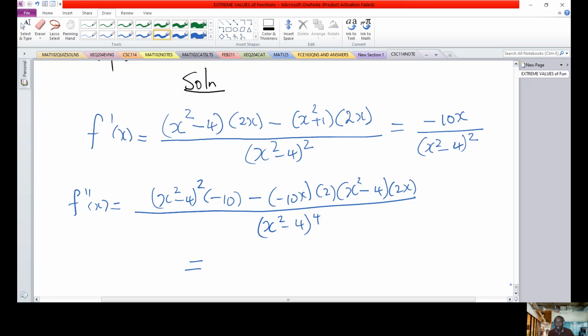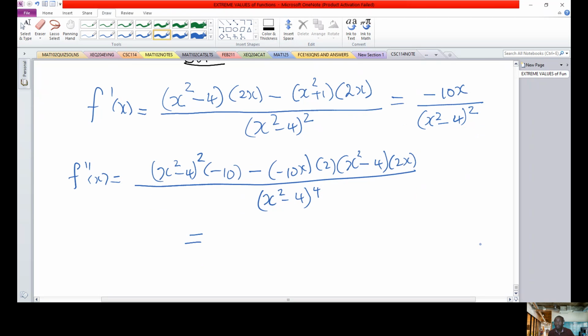On simplification, the second derivative becomes 10 times 3x squared plus 4, divided by x squared minus 4 to the power 3.